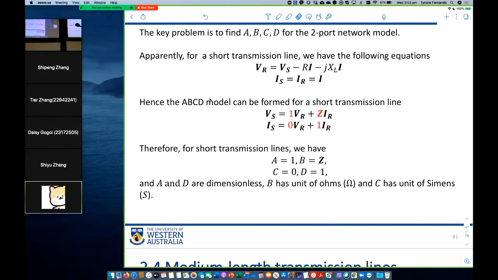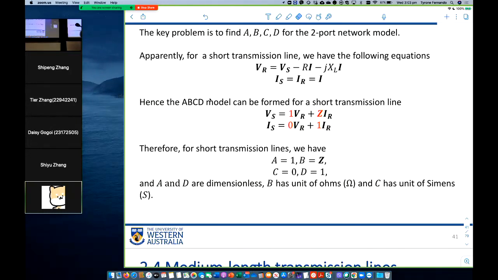Once we know A, B, C, D, and we know the receiving end voltage and the receiving end current, by multiplying the ABCD matrix with VR and IR in a column vector, we can find Vs and Is, which are the sending end voltage and the sending end current, right?